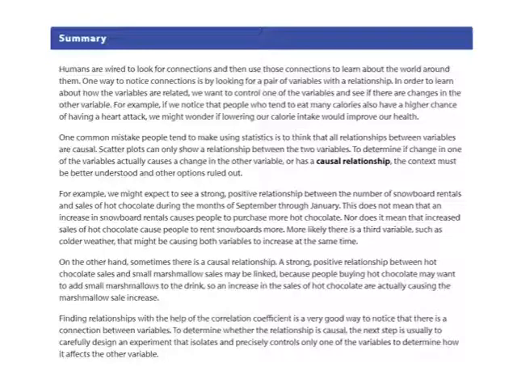People tend to make the mistake of thinking that statistics say all relationships between variables are causal. The key is that your scatter plot and your line of best fit can only show a relationship between the two variables, and that they're both moving in the same direction or in opposite directions.